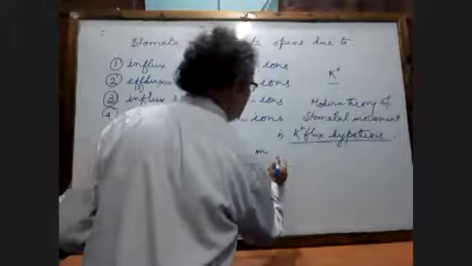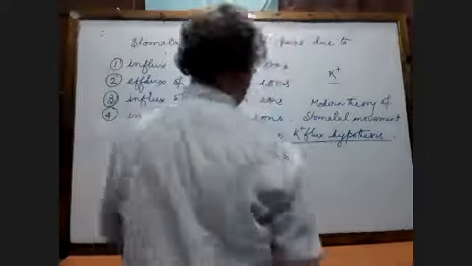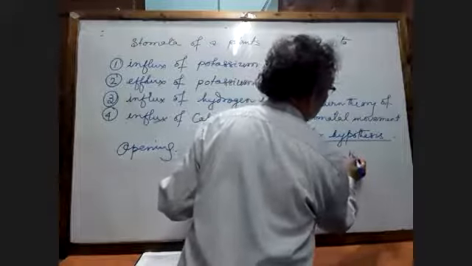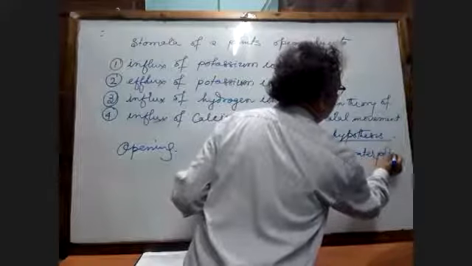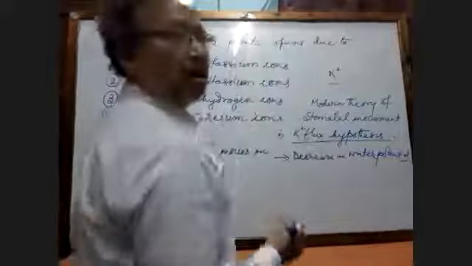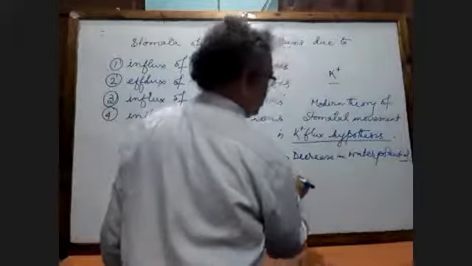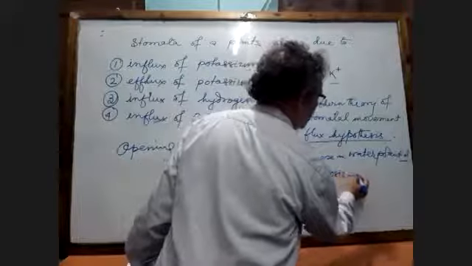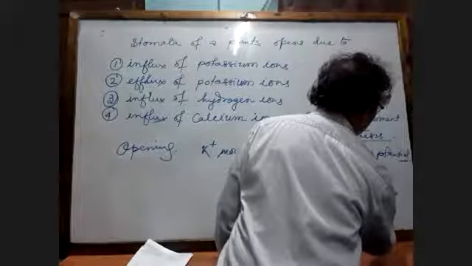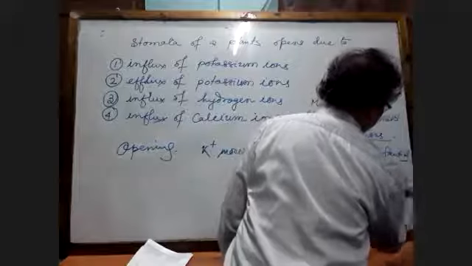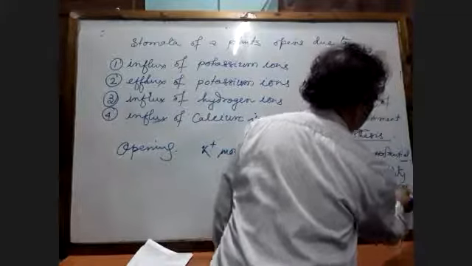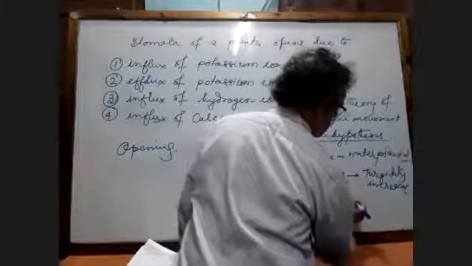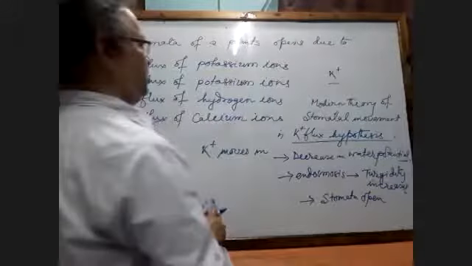So potassium ion moves in, and this causes the decrease in the water potential, so endosmosis, turgidity increases, and the stomata open. Okay.